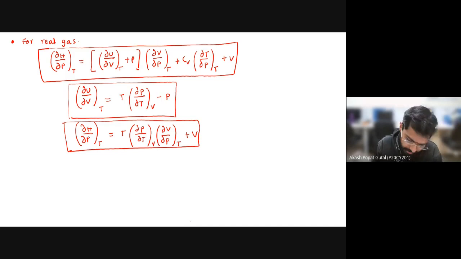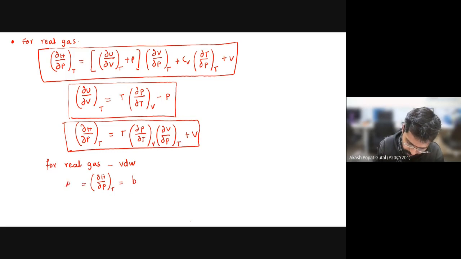So we have seen that for a real gas which follows the van der Waals equation, del H by del P turns out to be B, which is nothing but the isothermal Joule-Thomson coefficient.